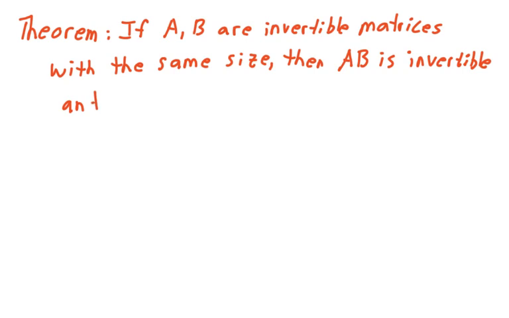And the inverse of A times B is B inverse A inverse. Now, so proof. Let's look at why this works.